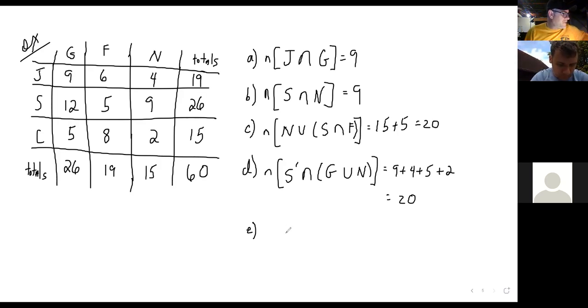All right, so this time, let's find the number of people who are S intersected with N complement, or that is unioned with C intersect G complement.